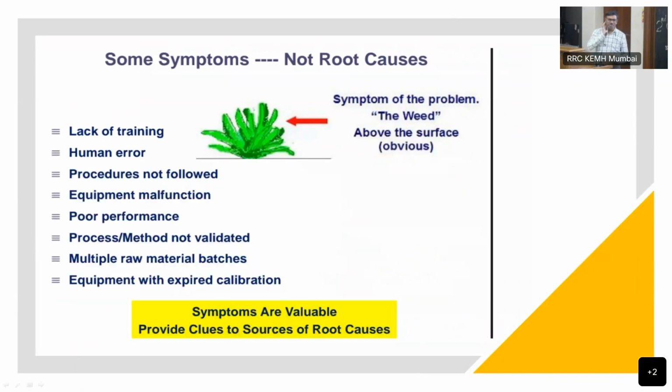Most of the stated causes are symptoms, like lack of training, human error, procedures not followed, poor performance, method not validated. Are they root causes? They are not the root causes.